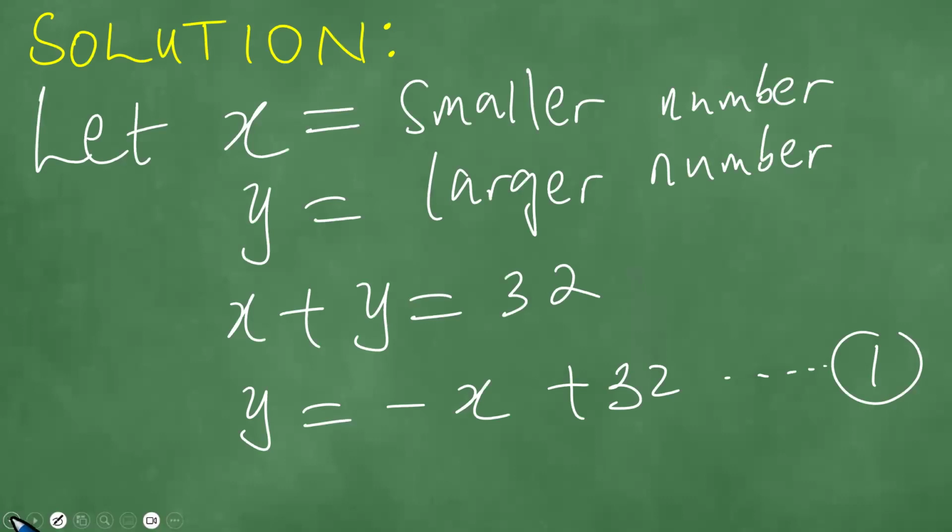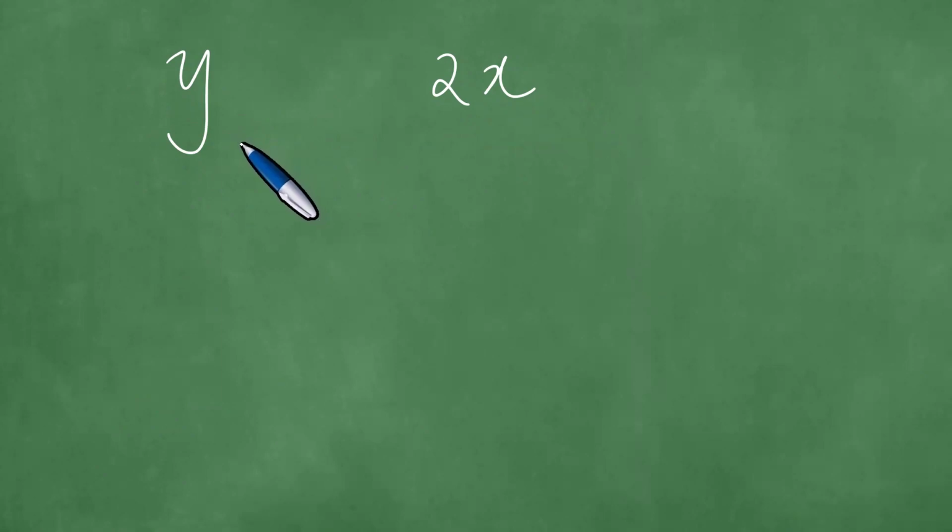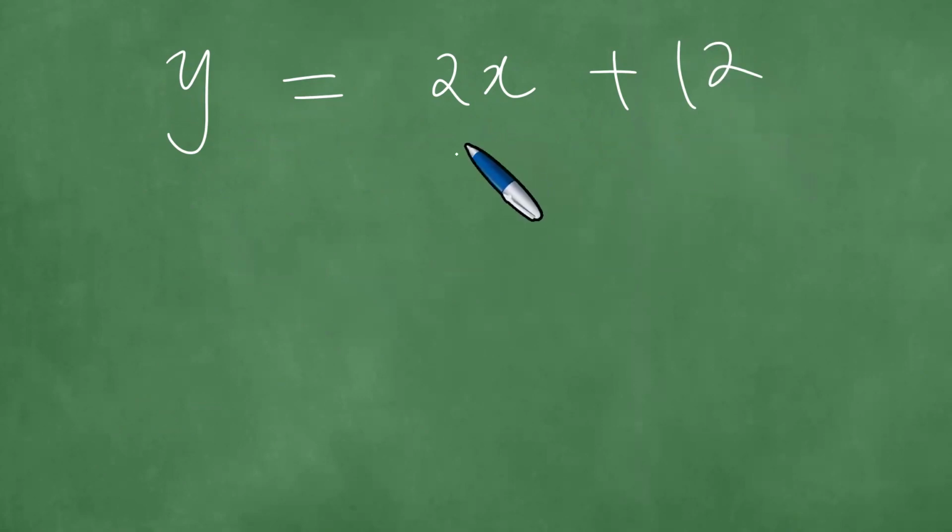Moreover, there is another part of the question that says the larger number is 12 greater than twice the smaller. So we compare the larger number y with twice the smaller, so that we need to add 12 to the smaller one.